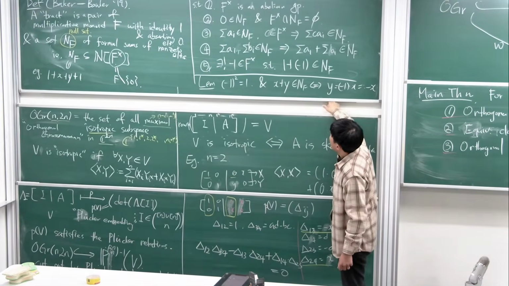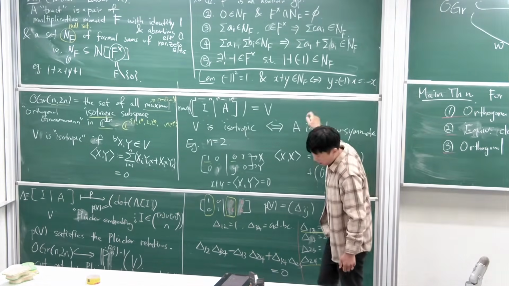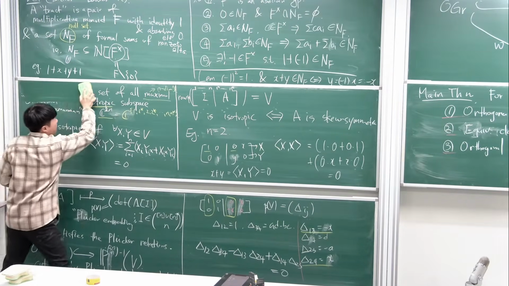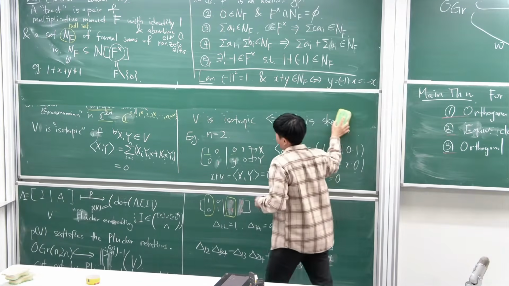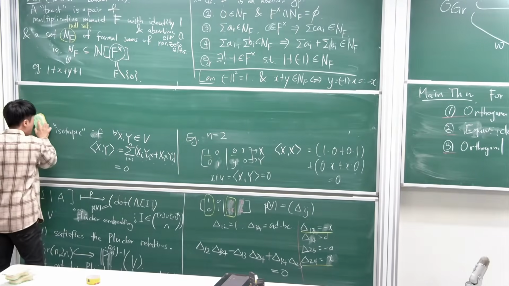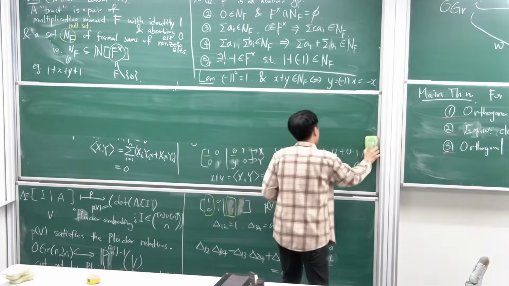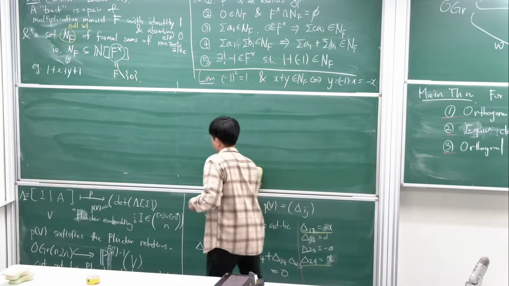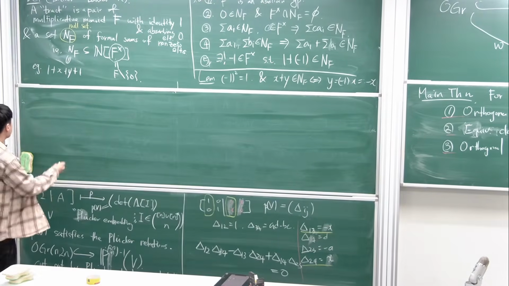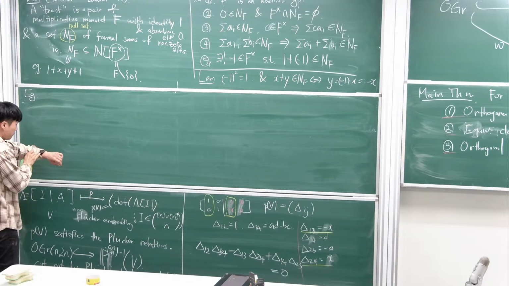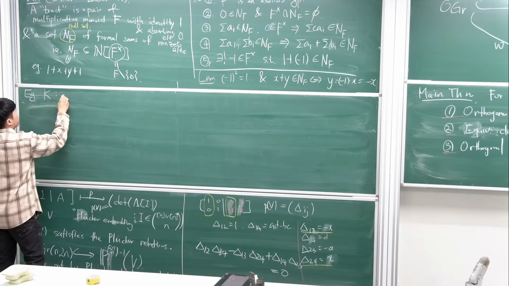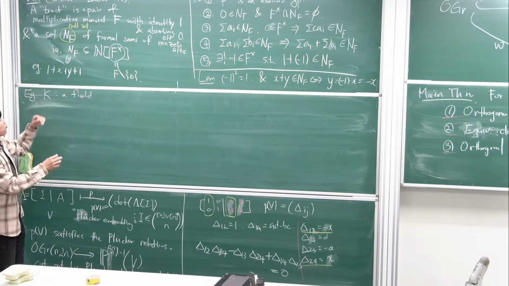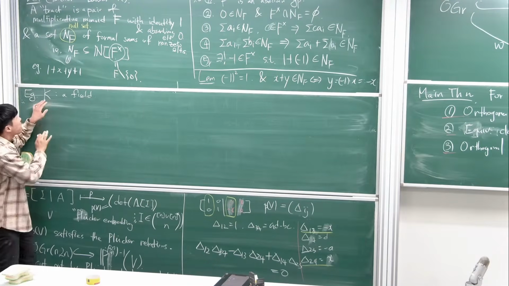Okay, so the definitions are quite complicated, but let me give you some examples. Of course the most basic example of a track is fields. You may understand every field as a track in the following way. Let K be a field. Then you may understand our field K as a track.